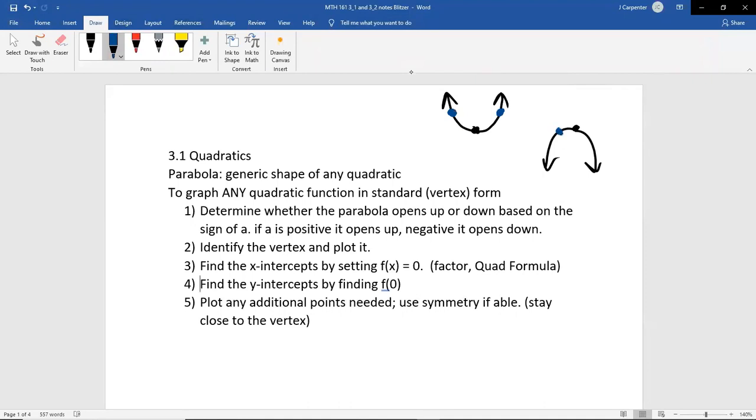You could say, all right, I've got this point and then I've got this point. But the symmetry just helps. So you need 3 points at least. You need at least 3 points to graph any parabola, to graph any quadratic. And again, those words are interchangeable. Parabola is the shape of a quadratic.